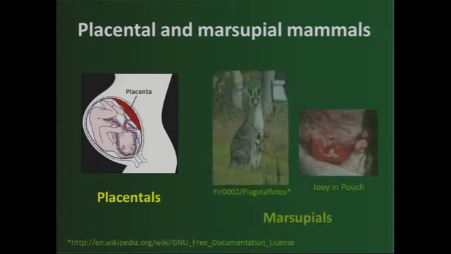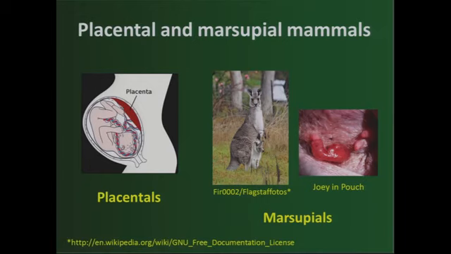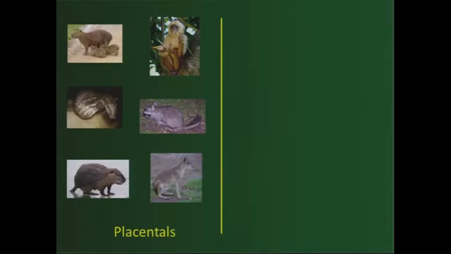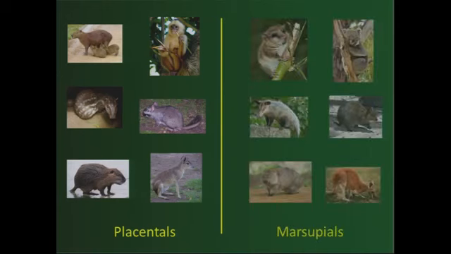Marsupial mammals, such as kangaroos, have a very different reproductive system, where the mother carries and suckles her young in a pouch at the front of her body. And we can see a few more placentals here on the left and a few more marsupials on the right. These are two key terms for this presentation: placentals and marsupials.